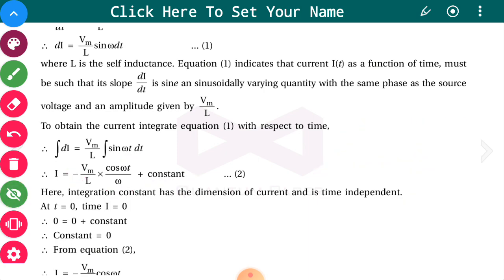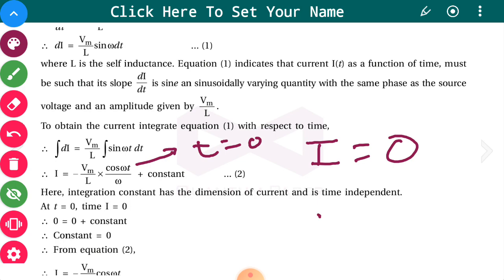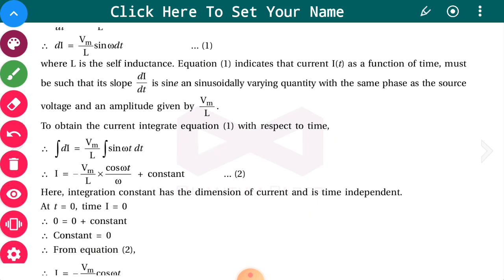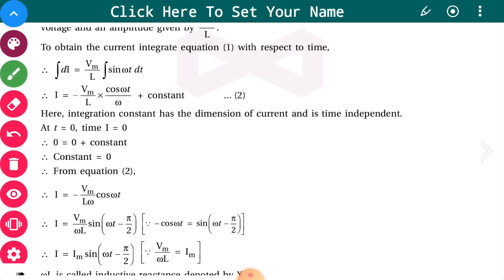Now the constant of integration is time independent and it is found to be 0, because at t equal to 0, if you take 0 instead of t here, then the current I will be equal to 0, so that constant will have the value 0.